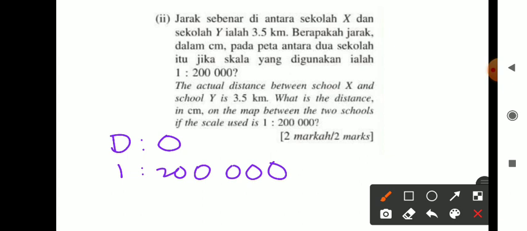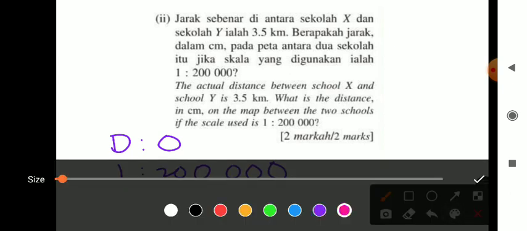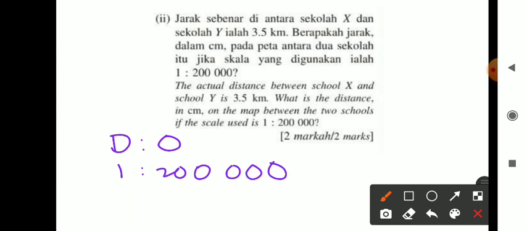This is my last question. 3.5 km change to cm. Just now we did one question macam ini. Okay. Change it to cm first. 3.5 km to cm is 350,000.